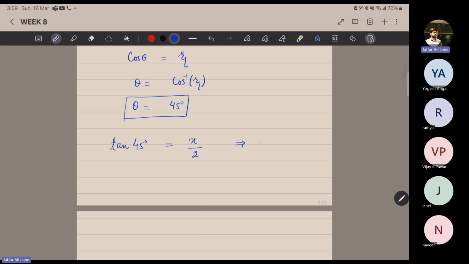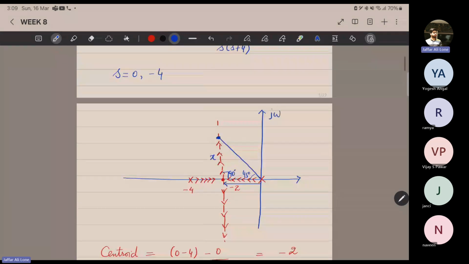So this is the j omega axis, and this length is also 2. So what will this point be? It is minus 2 plus 2j. This is the intersection of this line with the root locus.